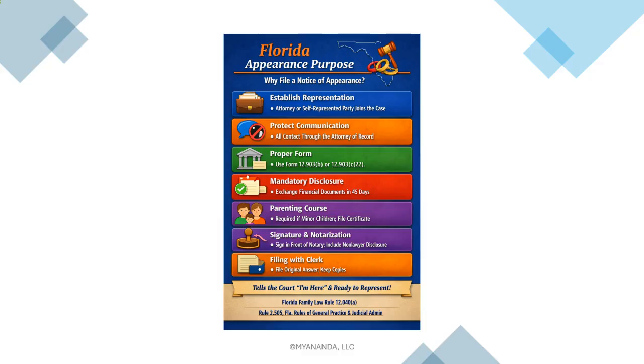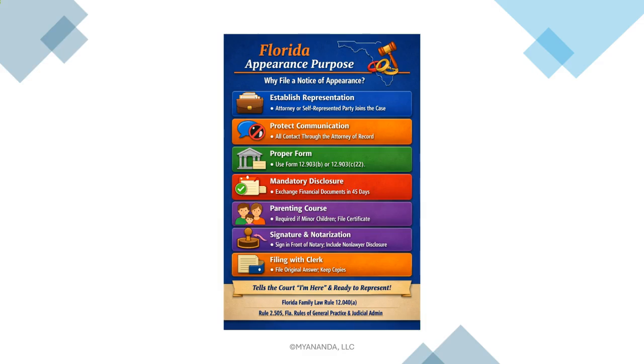Anyway, it also provides opportunities for mandatory disclosure. If there isn't an attorney of record for the respondent, it's not very likely that the petitioner's attorney is going to give up mandatory disclosure documents, which are absolutely necessary in a dissolution of marriage case.